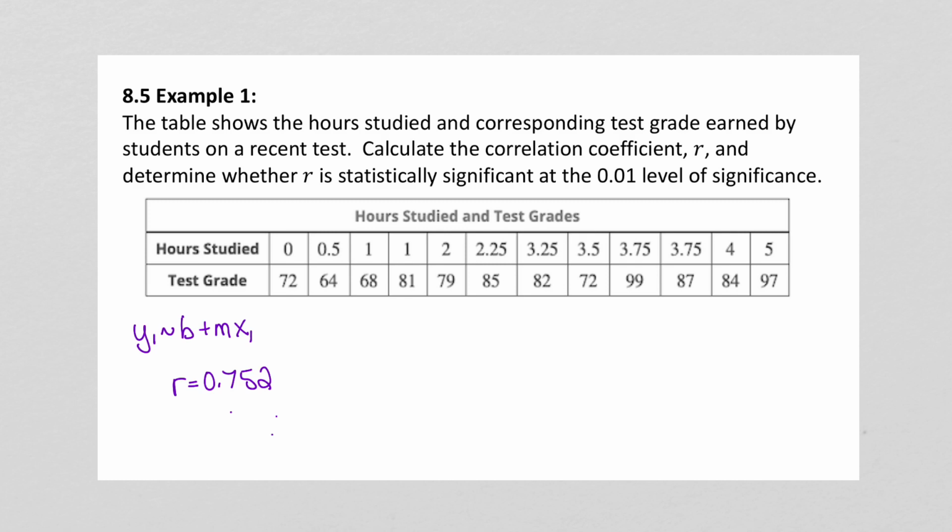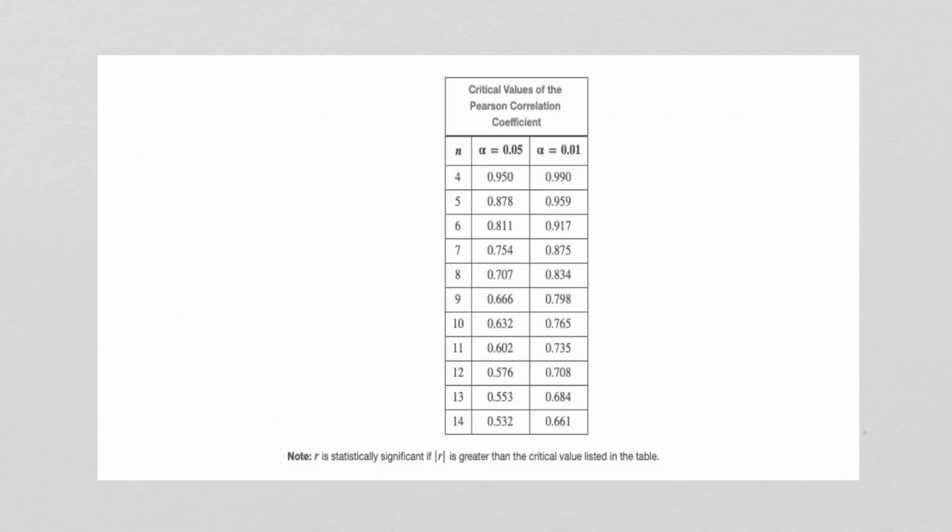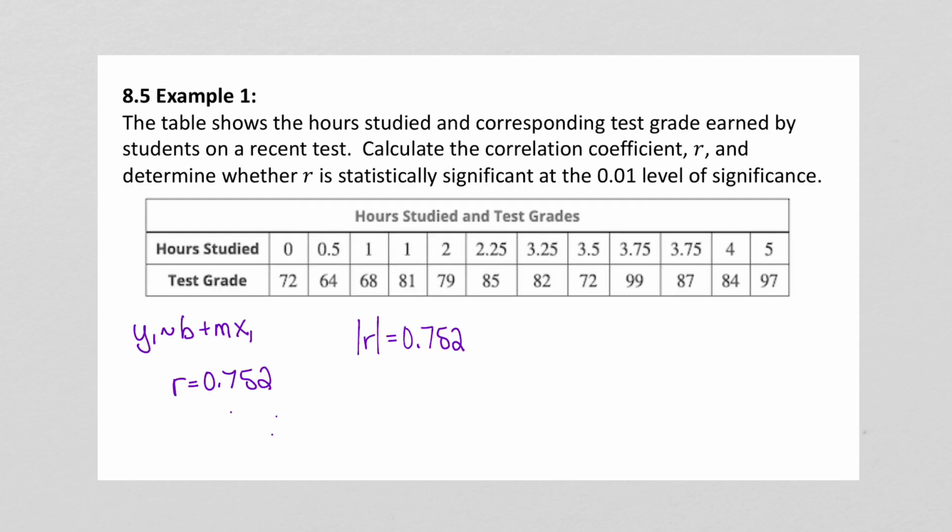We want to compare the absolute value of R, which would be positive 0.752, to our level of significance at 0.01. So here that is. So at 0.01, let's see, what is N? There's 12 of these.